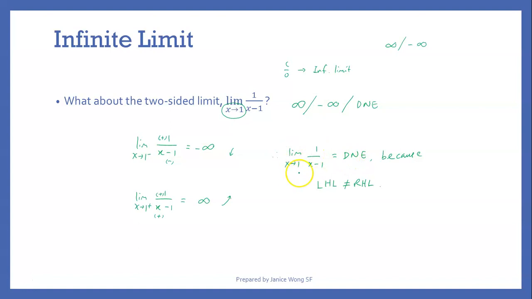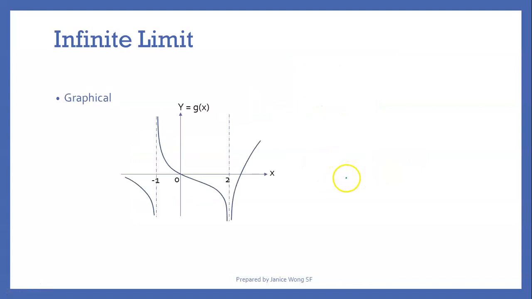Therefore, the two-sided limit is DNE. If both equal negative infinity, then the two-sided limit will be negative infinity as well. If both positive infinity, then the two-sided limit will also be positive infinity.